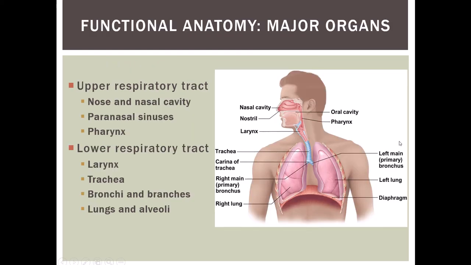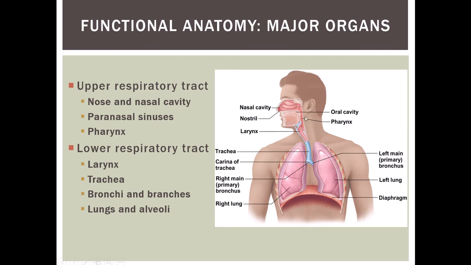If we look at the respiratory system and how it's organized, we can look at what we consider the upper respiratory tract and then the lower respiratory tract. The upper respiratory tract is the nose and nasal cavity, the sinuses, the pharynx or throat. Sometimes we'll throw the oral cavity in there as well.